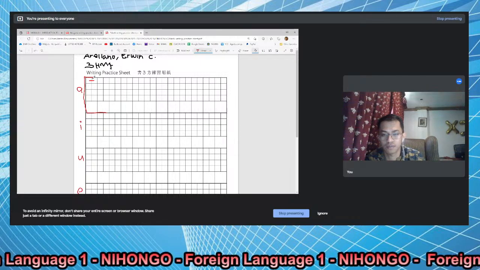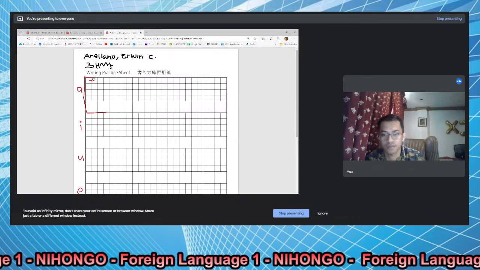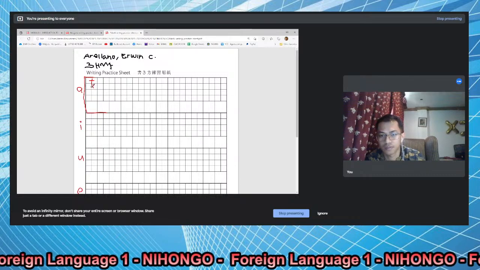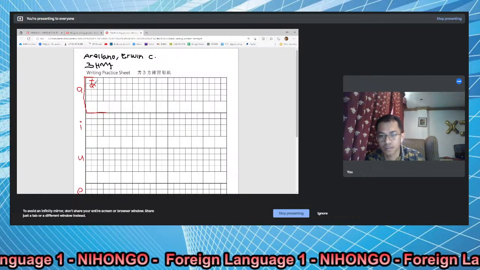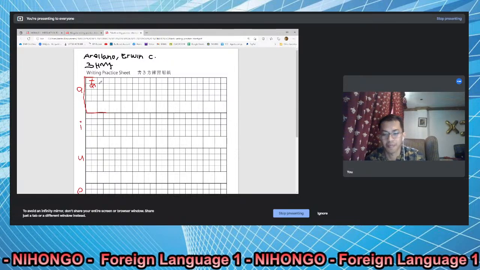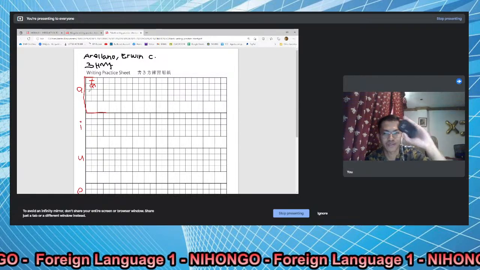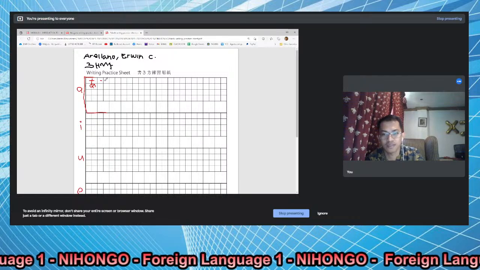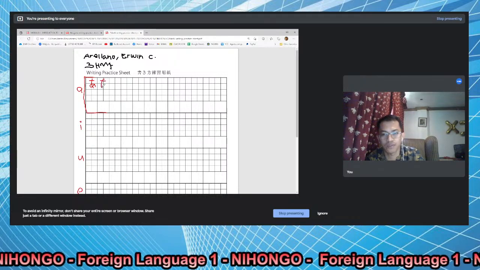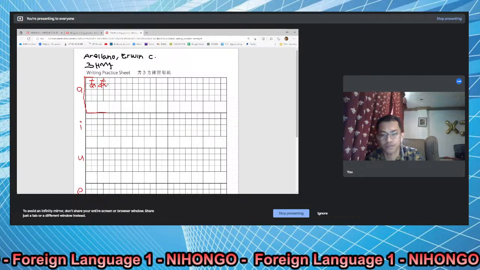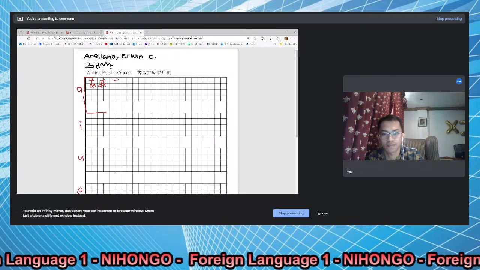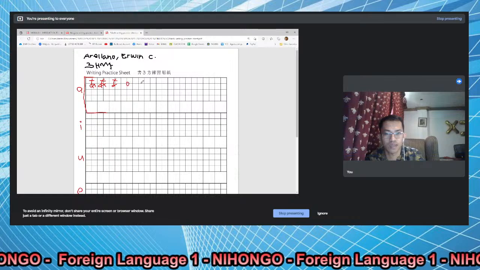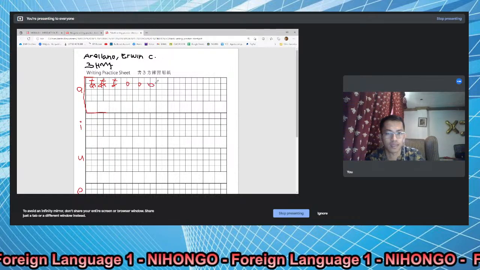Ichi, ni, sorry guys. Mouse lang kasi ang gamit ko, so mahirap magsulat. So lahat ng box na yan, you're going to fill it out with your writing practice sheet, writing hiragana characters. So pupunuin nyo siya, this one.